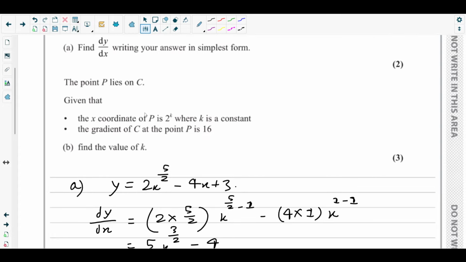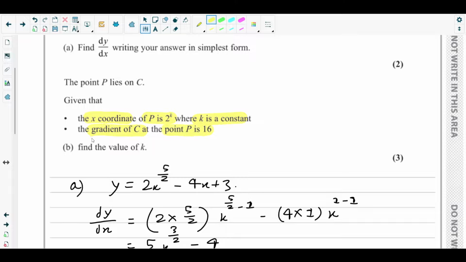The point P lies on the curve C, given that the x-coordinate of P is 2 to the power k, where k is a constant. The gradient of C at the point P is 16.